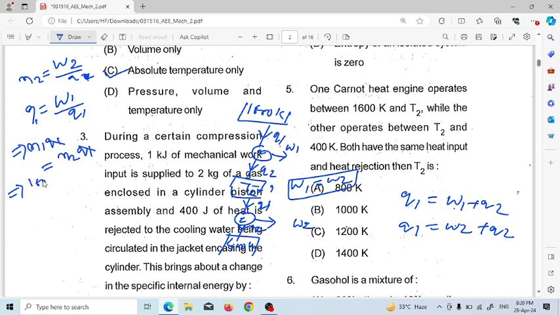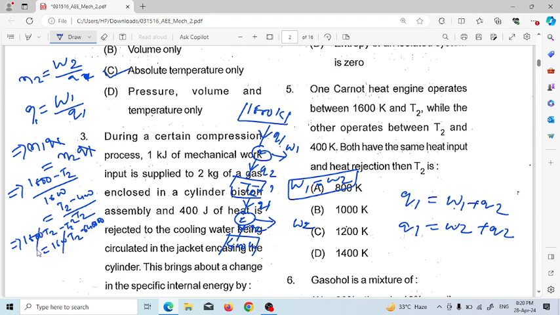So (1600 minus T2) divided by 1600, which is equal to, for the second engine, (T2 minus 400) divided by T2. So solving this, 1600 T2 minus T2 square is equal to 1600 T2 minus 640000.